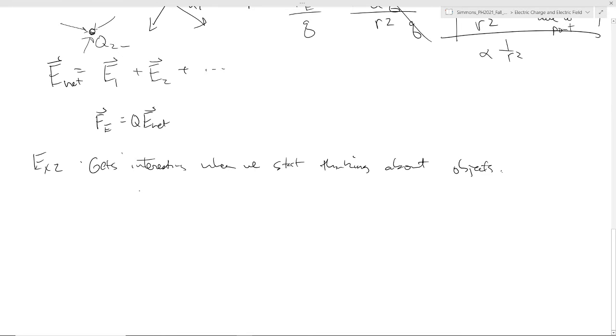In this case, you could think of this as being a sum of discrete charges. Let me write it like this. This is the same thing as a summation, where you add up over all the electric field contributions. If you start talking about an object that has size, as you can probably imagine, this sum becomes an integral.